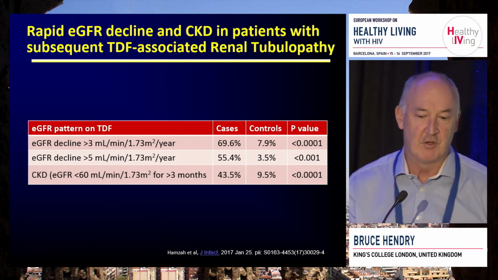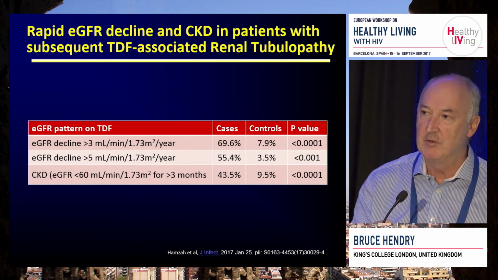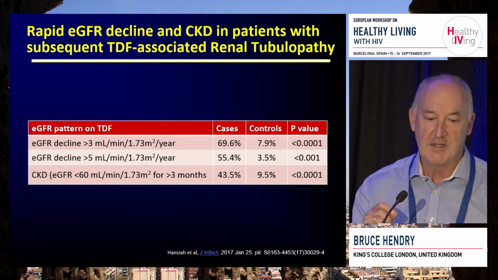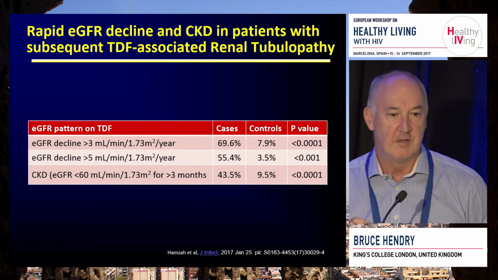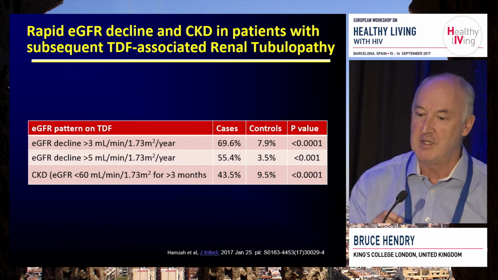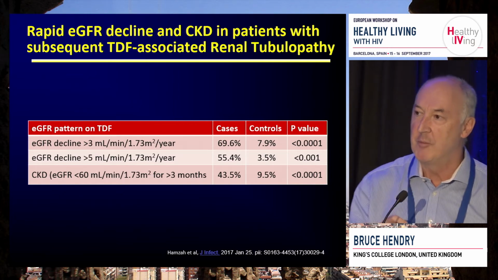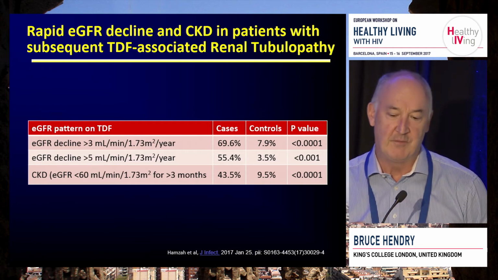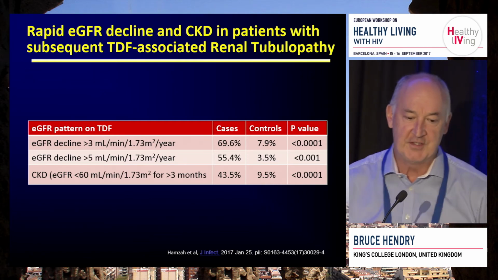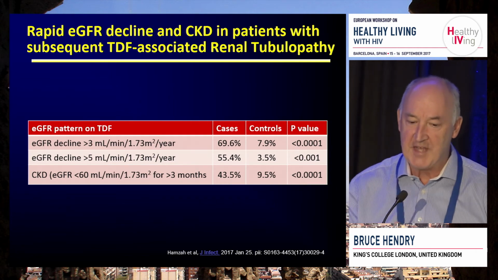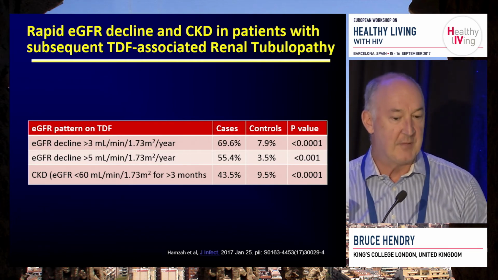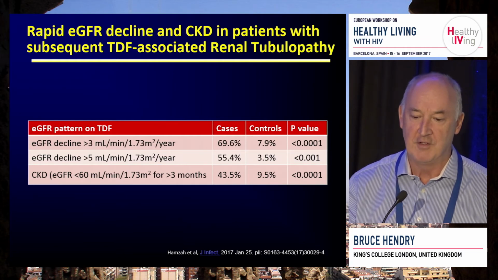And we used a case control methodology showing that if you looked in the past and found there was definitely what we might call creatinine creep, or GFR decline of 3 or 5 or more mL per minute per year, that was a pattern very common in subsequent cases and rare in those who did not become cases. So we would advise on this basis to consider a relatively definite decline of GFR as a reason to review TDF prescribing, because the patient's developing a risk of becoming a Fanconi syndrome case.